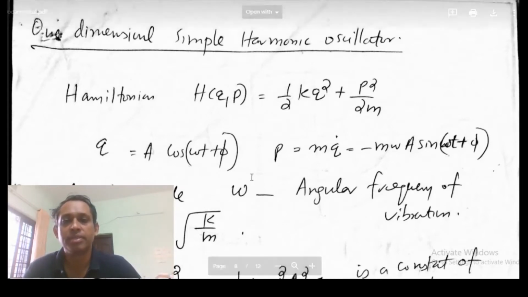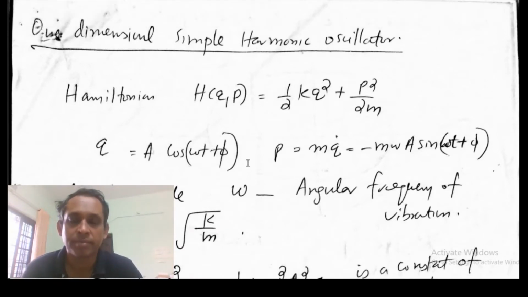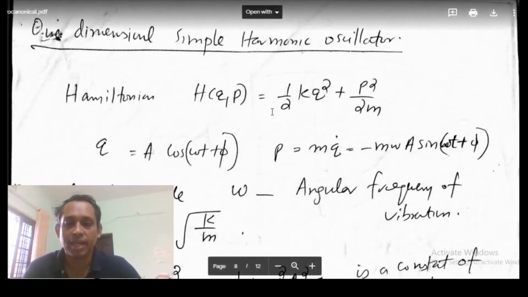In the last class we had seen the phase space volume corresponding to one microstate in the case of a classical ideal gas.